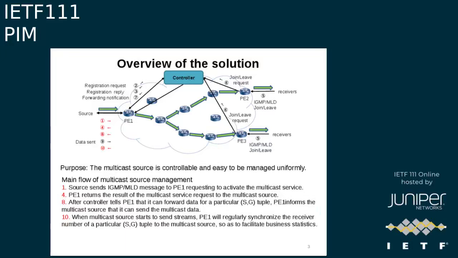Step 9, the source starts or stops sending multicast packets. Step 10, the ingress router periodically sends a newly defined multicast receiver status message to the source to synchronize statistics of receivers. Next page, thank you.